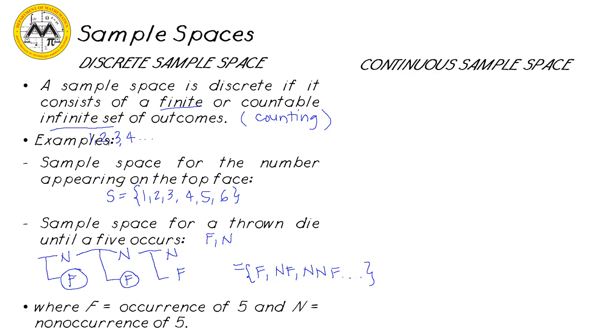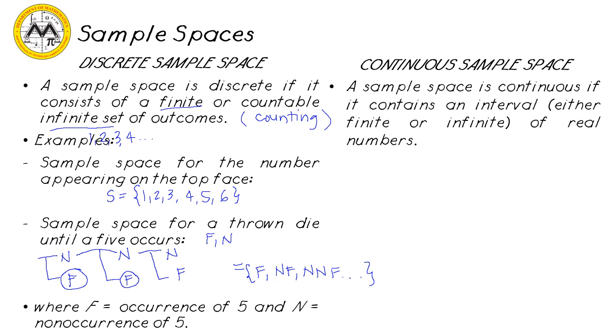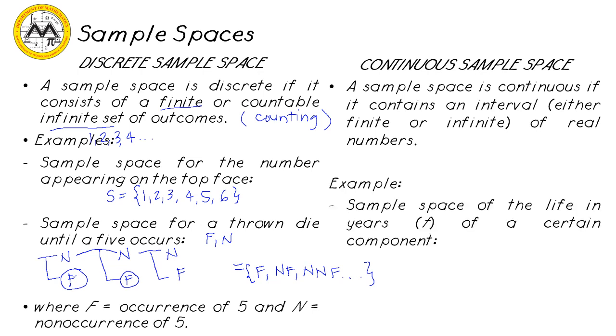While for continuous sample space, this is a sample space consisting of intervals for finite or infinite real numbers. Example would be the life in years of a certain component. Let us first consider the number line. So if this is 1, 2, 3, 4, if we are only taking values 1, 2, 3, and 4, it would be discrete.